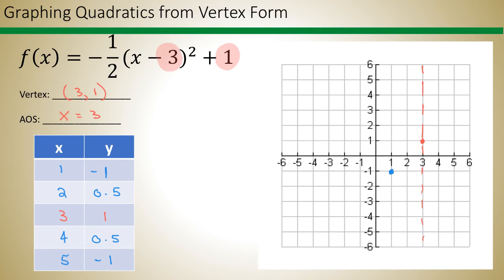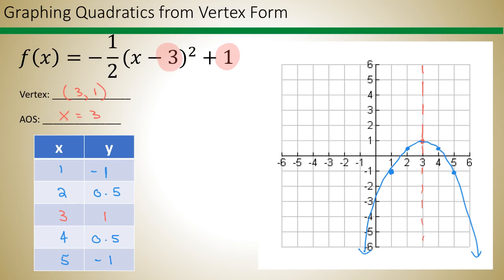All right. 2, positive 0.5, 4, positive 0.5, and 5, negative 1. So that gives us this parabola here. So that's what that one's going to look like.